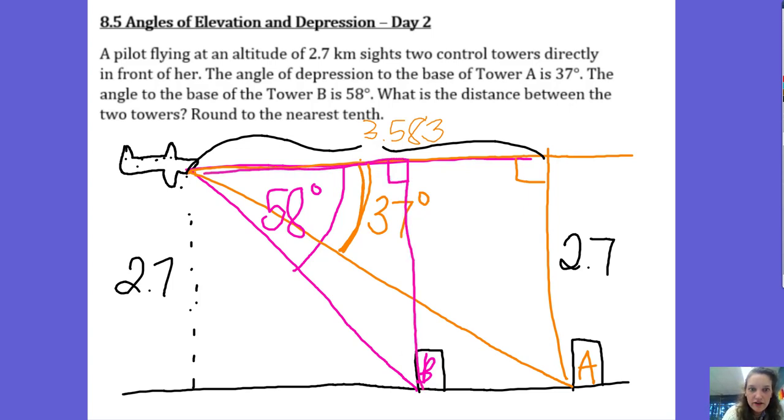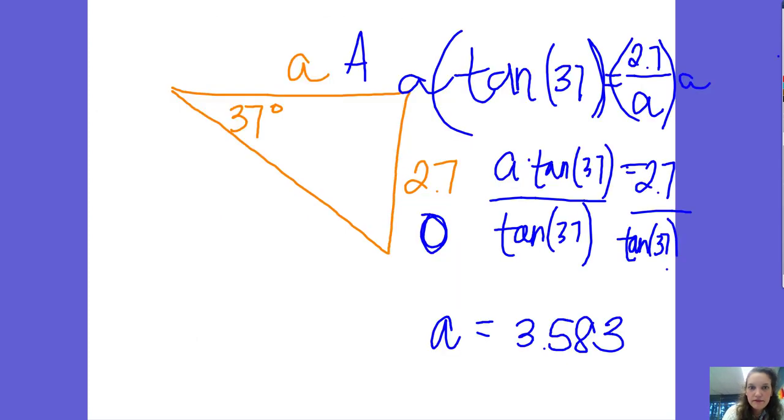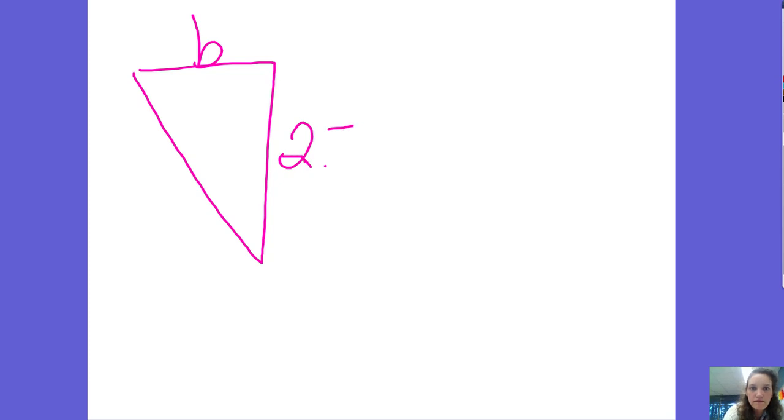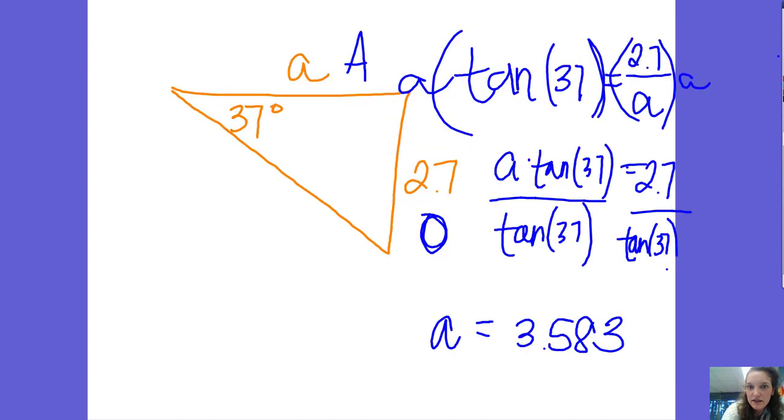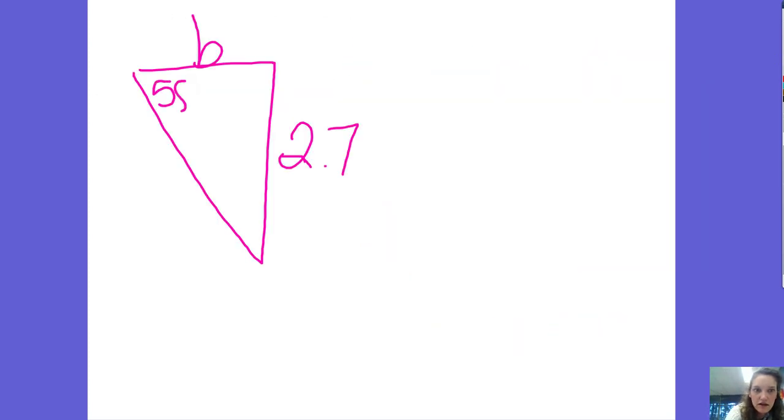Okay, now here's our second right triangle. This is still 2.7, but now we're looking for this distance, B. So I'm going to redraw that triangle. The angle of depression was 58 degrees. So I'm still going to use tangent because this is my opposite and this is my adjacent.